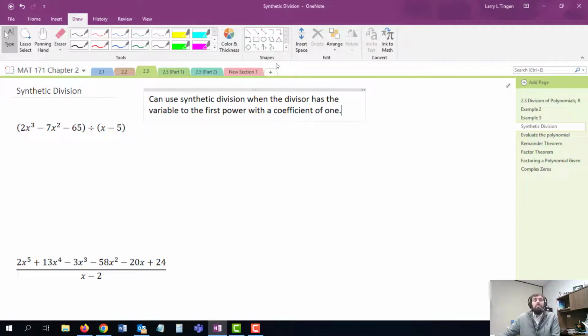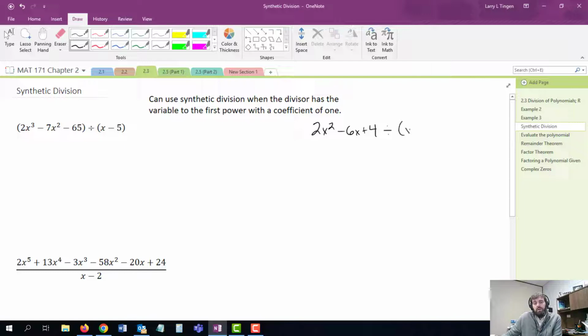So what I mean by that is 2x squared minus 6x plus 4 divided by x minus 3. Yes, my divisor is x minus 3. X is to the first power, and it has a coefficient of 1.